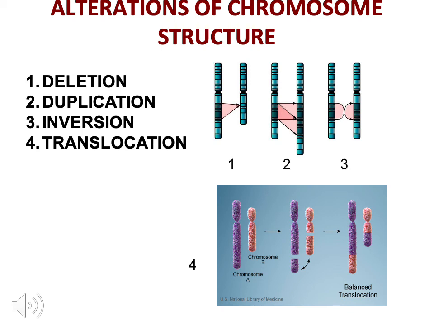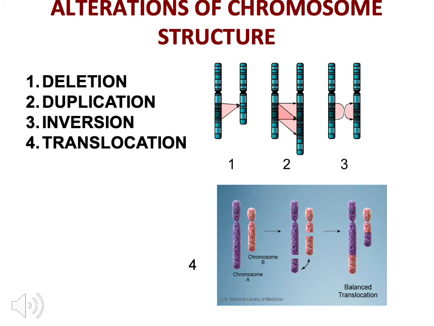Now, if it's a problem making twice as much protein as before, then technically that could be a deleterious situation. On the other hand, if making twice as much protein is not a problem, then it might be more benign than it is a negative situation. An inversion is when the order of the genes on the chromosome is reversed.